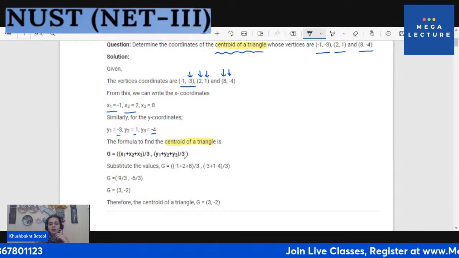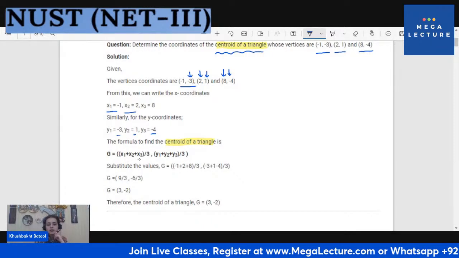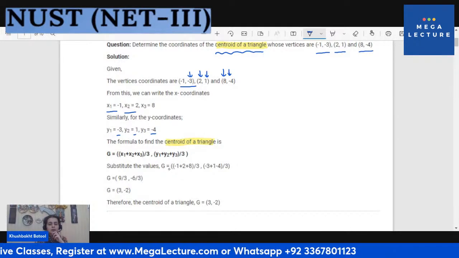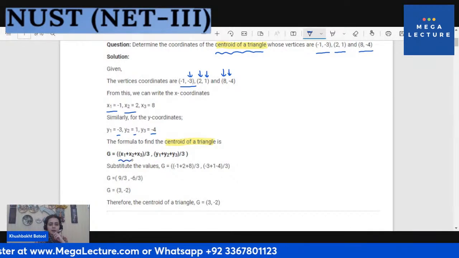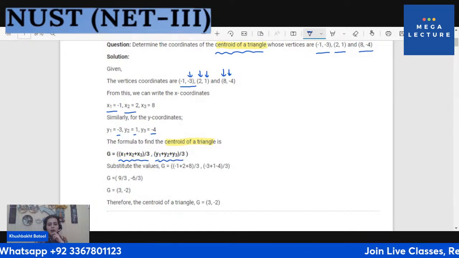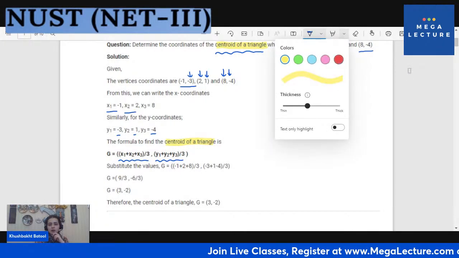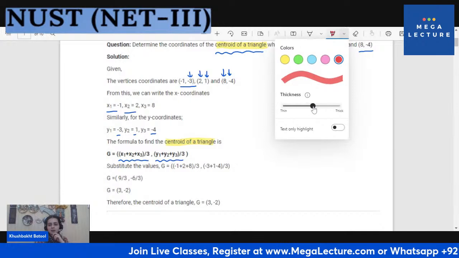We do (x1 + x2 + x3)/3, (y1 + y2 + y3)/3. This is the formula which we need to understand, and this is something which you have to memorize, so I'll be highlighting it.